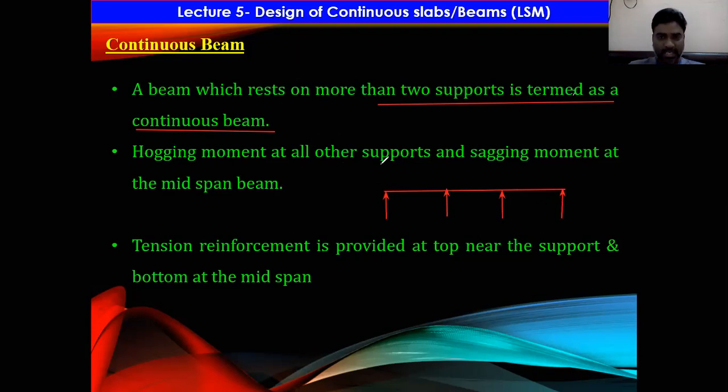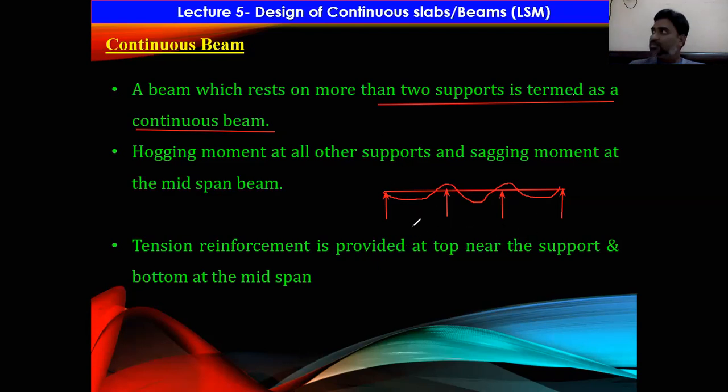So the bending moment diagram for a continuous beam looks like this. So this is the shape of the bending moment diagram of the continuous beam.